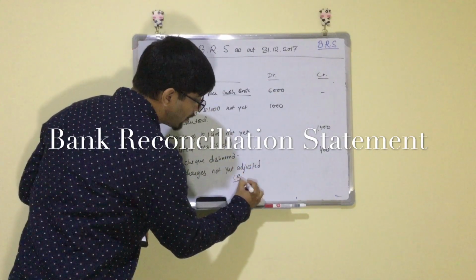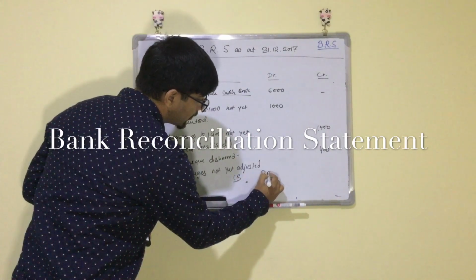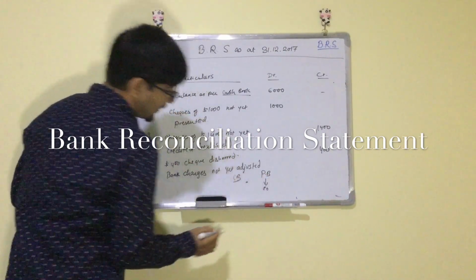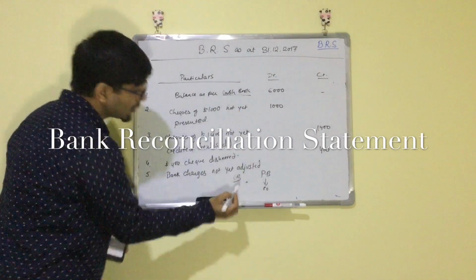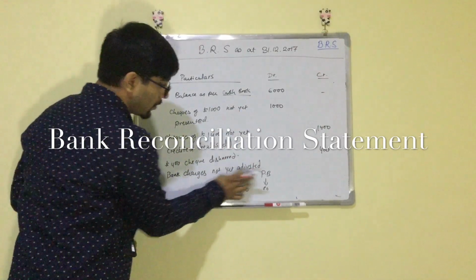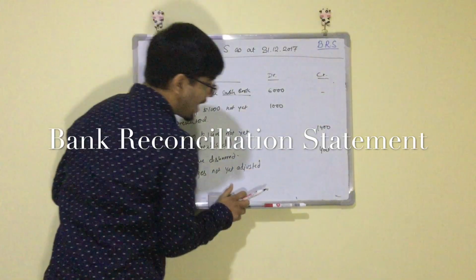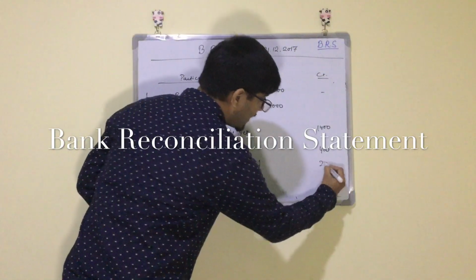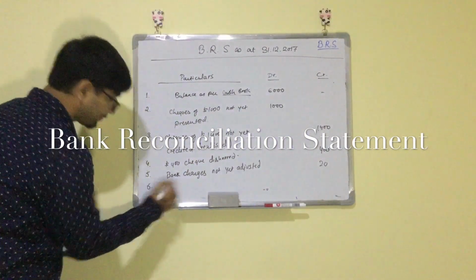Cash book does not know about it. Passbook is reduced by 20. So we have to start from cash book, and we'll also reduce 20. So for this, we'll have to credit $20.